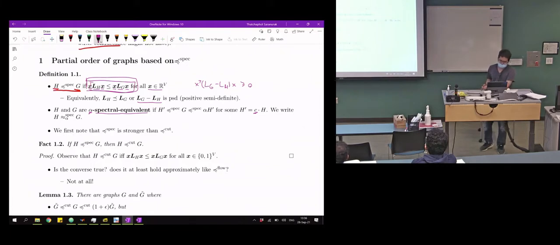This is the same as when I say H and G are alpha cut equivalent, or flow equivalent. We just replace it by cut or flow. It is a really analogous notion.